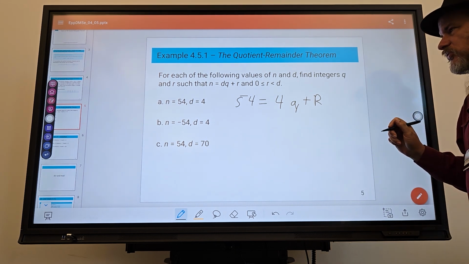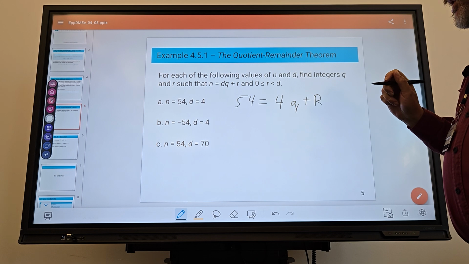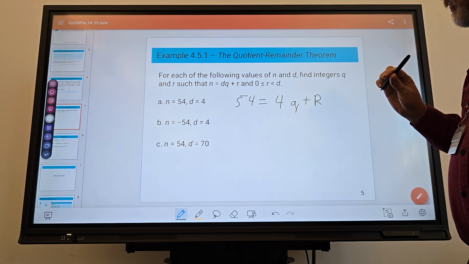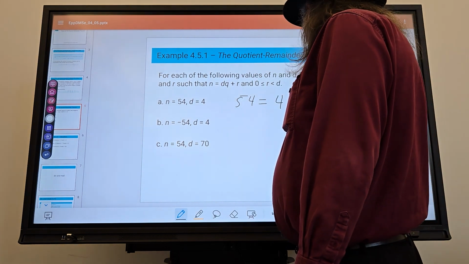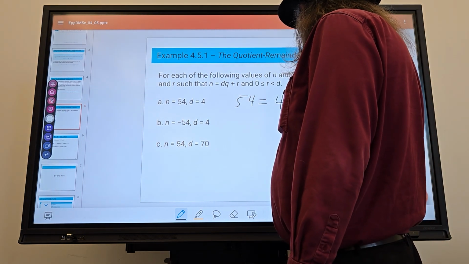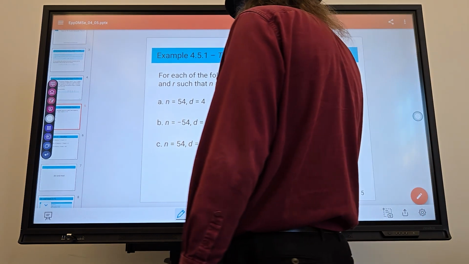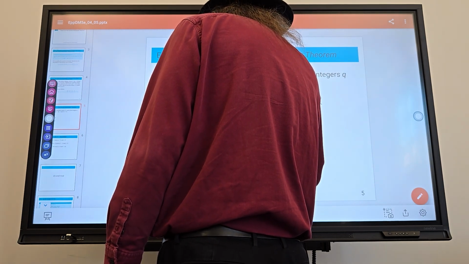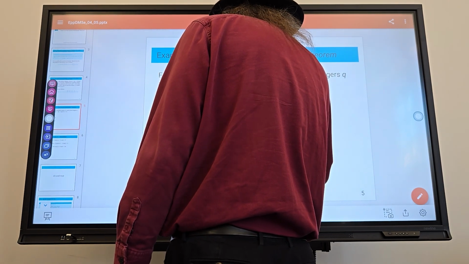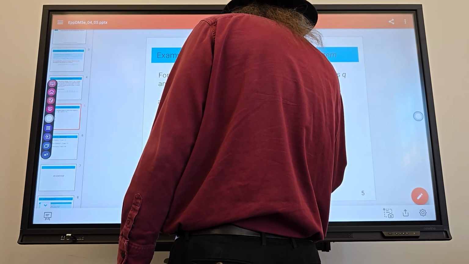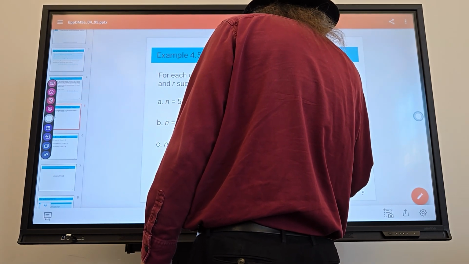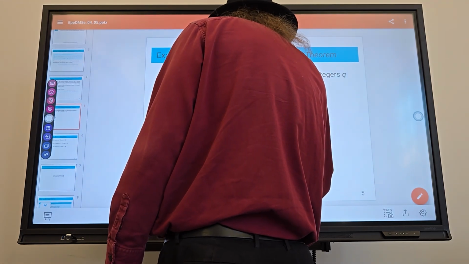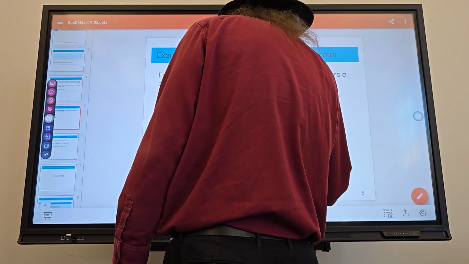You can take q to be 13. 54 equals 52 plus r, and then r equals 2.